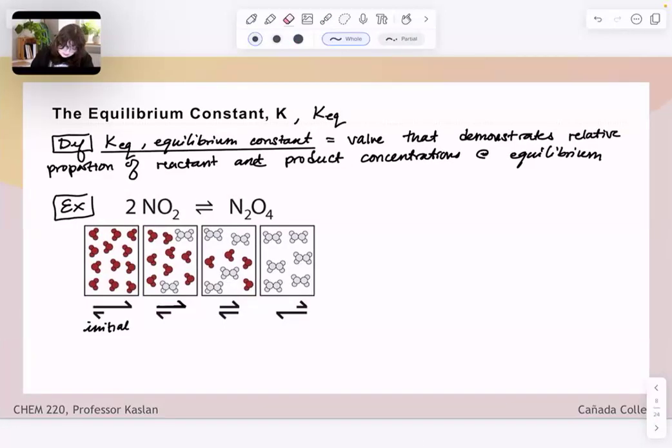So this is at some time during the reaction that is pre-equilibrium. And then looking at this third box, this is where we see our rates of reaction in the production of N2O4 and the production of NO2 being equivalent to one another. So this is where we are at equilibrium.